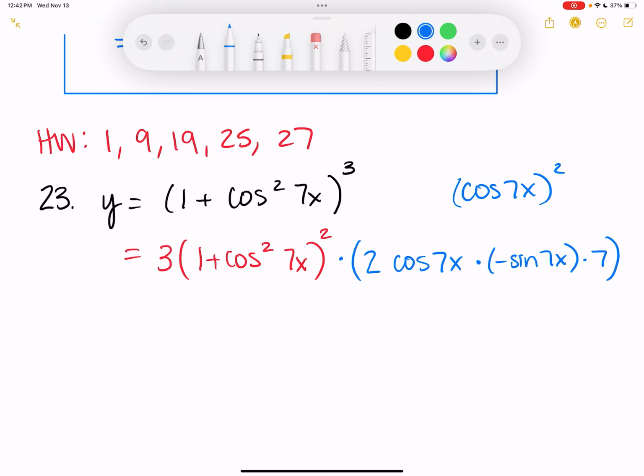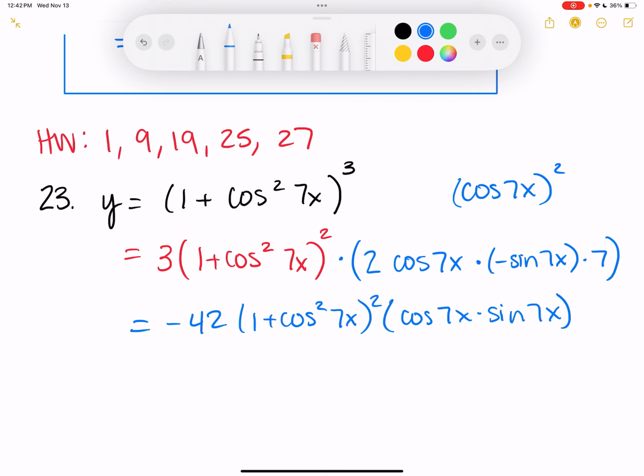So, when this is all said and done, I get negative 42 times 1 plus cosine squared of 7x squared times cosine of 7x times the sine of 7x.